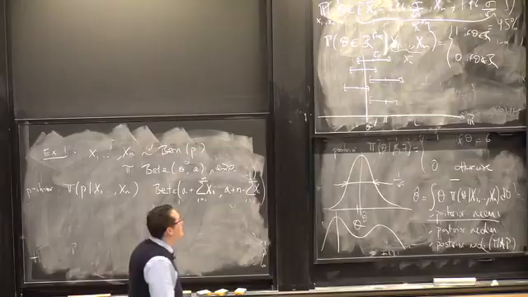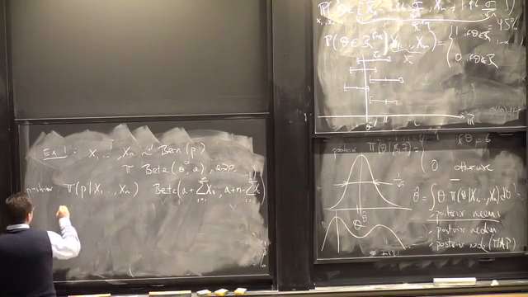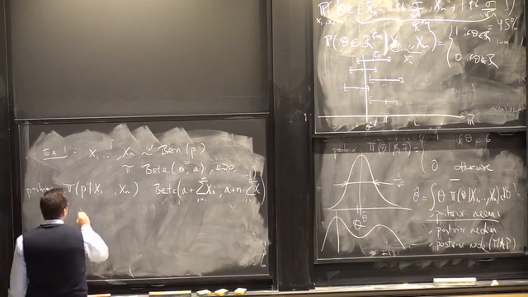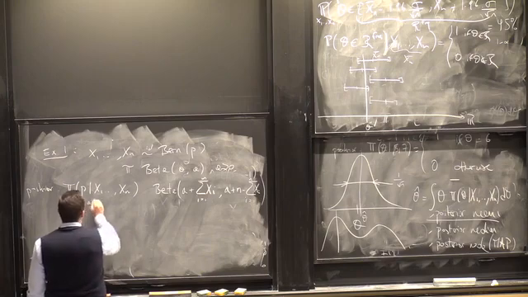And the beta density was just something that looked like p to the a minus 1, (1 minus p).